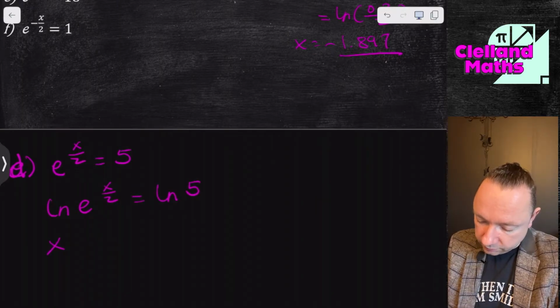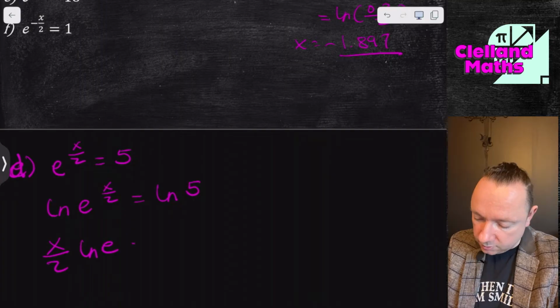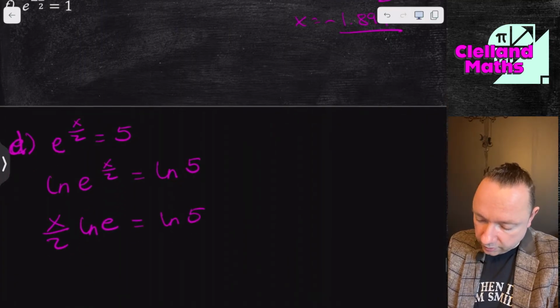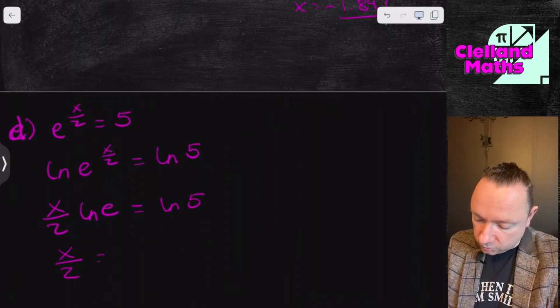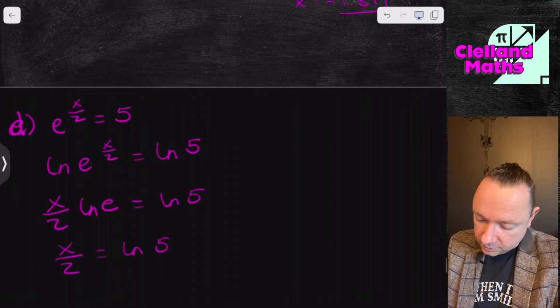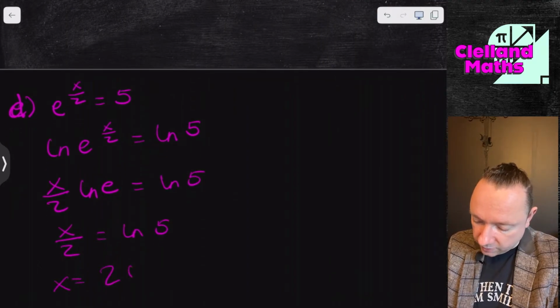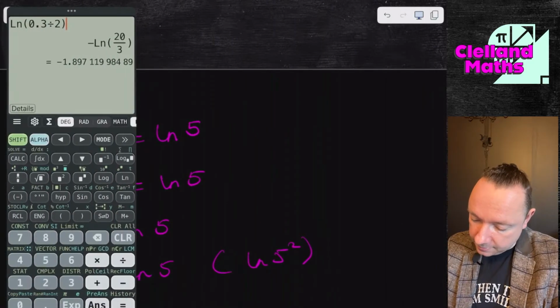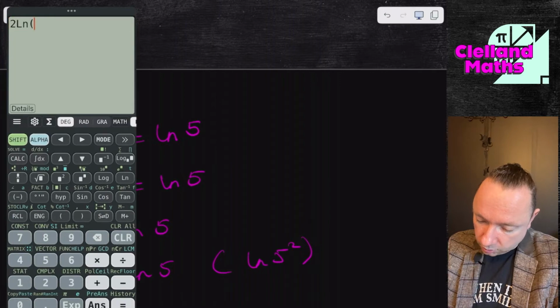Take the power to the front then to get ln e out. So that means that x over 2 equals log 5. So x is 2 log 5, or log 5 squared if you prefer. Doesn't really matter if you're going to use a calculator. 2 log 5 is 3.219.